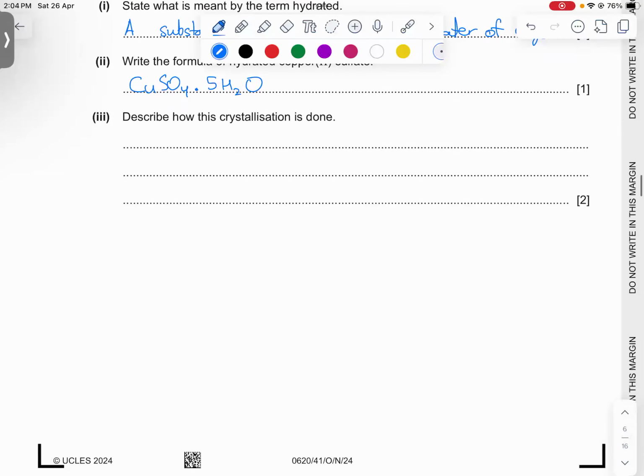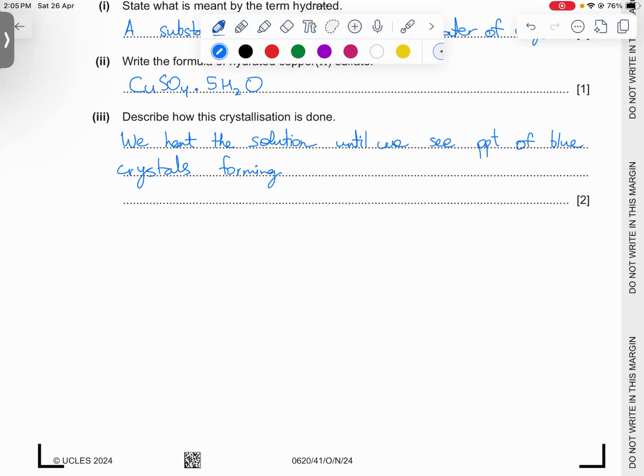We heat the solution until we see precipitate of blue crystals forming.